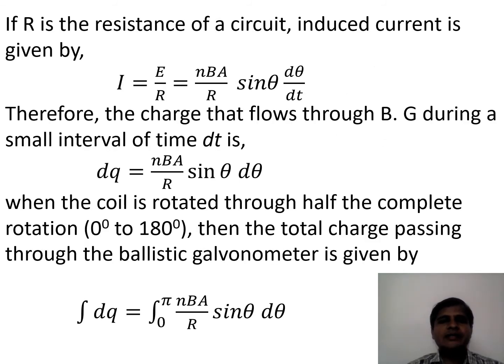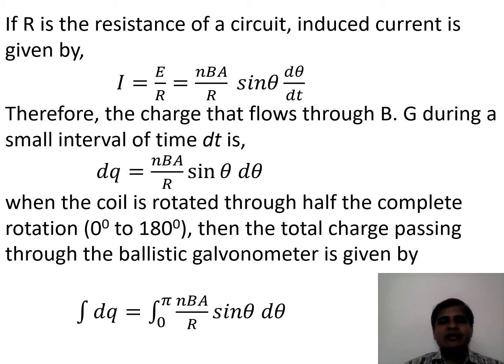If R is the resistance of the circuit, then induced current is given by I is equal to E upon R. After substituting the value of E from the previous equation, the expression for I will be equal to N into B into A upon R into sin theta into d theta upon dt.